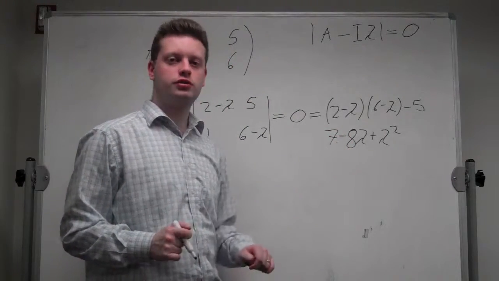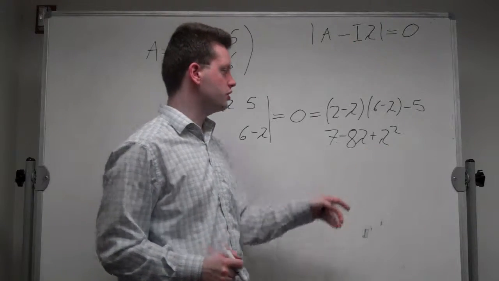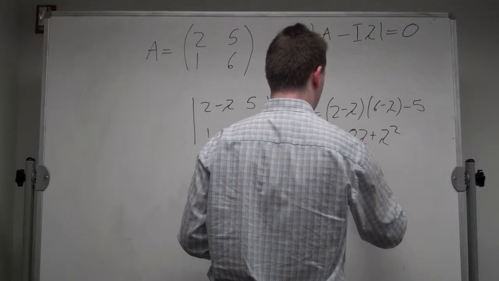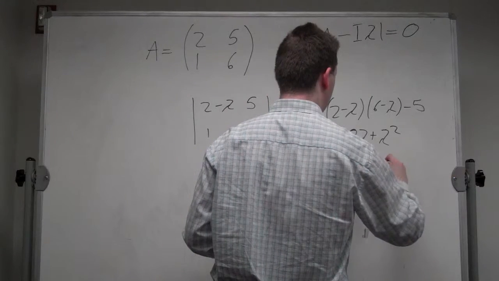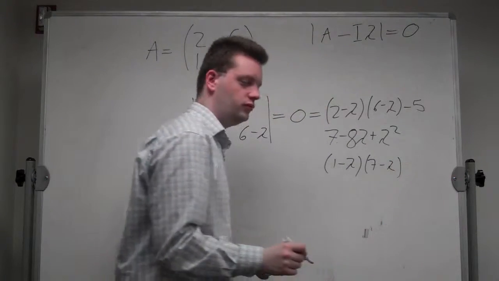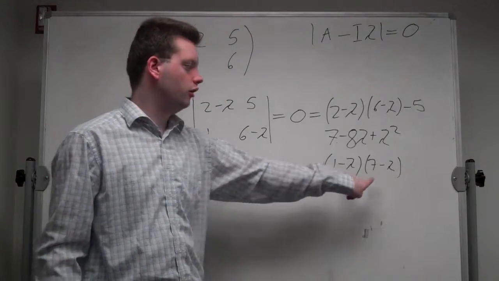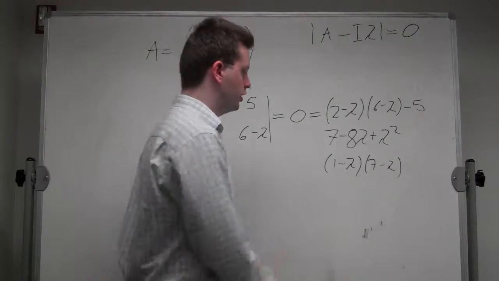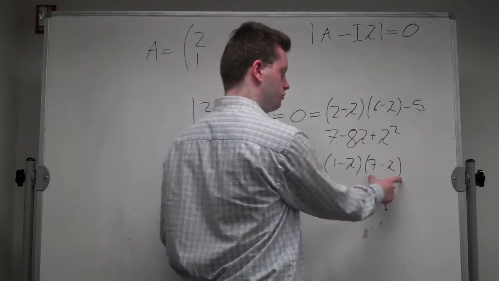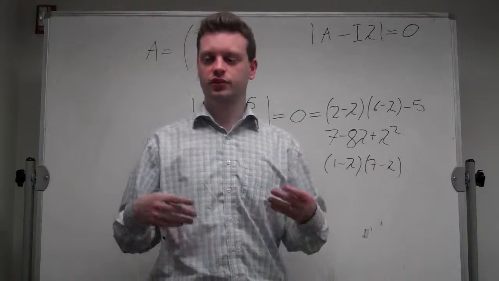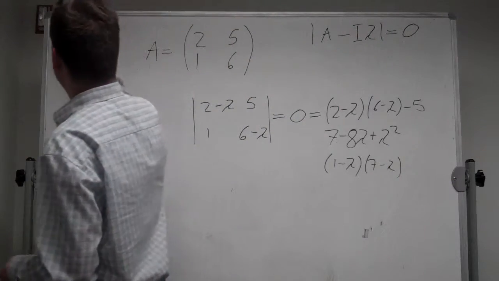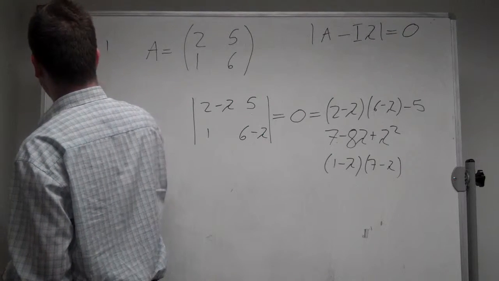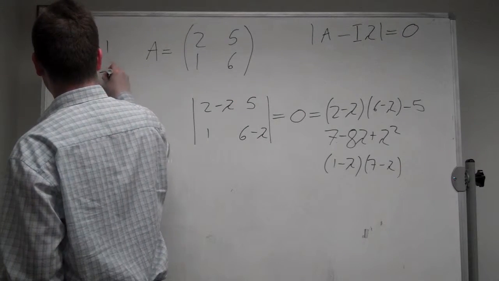And if you look very closely, you can transform this expression into a nice 2-bracket expression with 1 minus lambda times 7 minus lambda. And we just found our 2 eigenvalues. Because this expression has to be equal to 0, either this part has to be 0 or this part has to be 0, and for this to be true, we have the first eigenvalue equal to 1, and the second eigenvalue equal to 7.